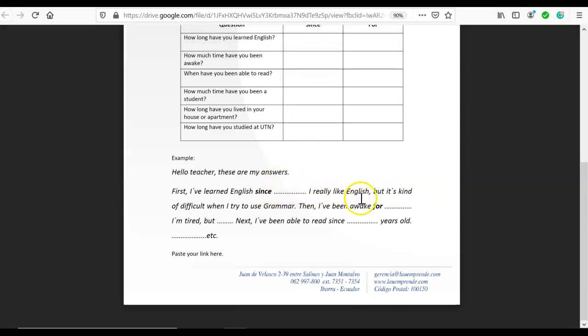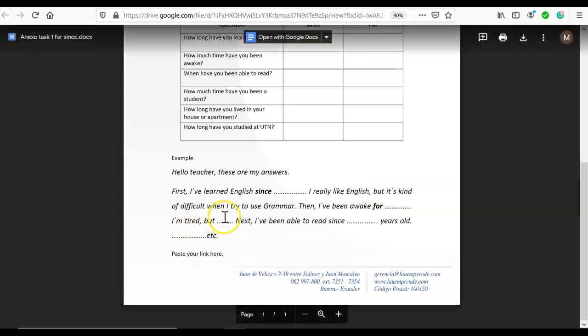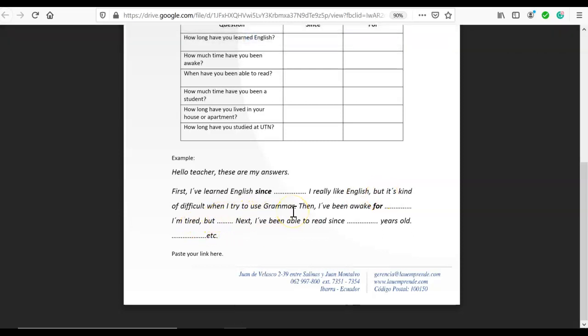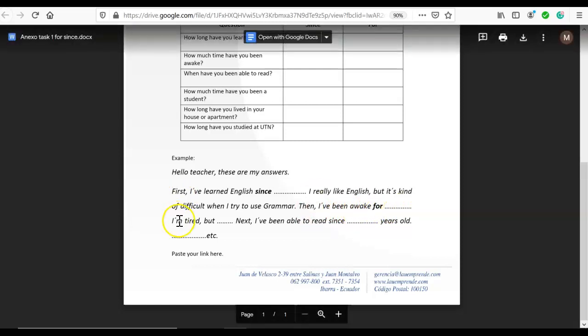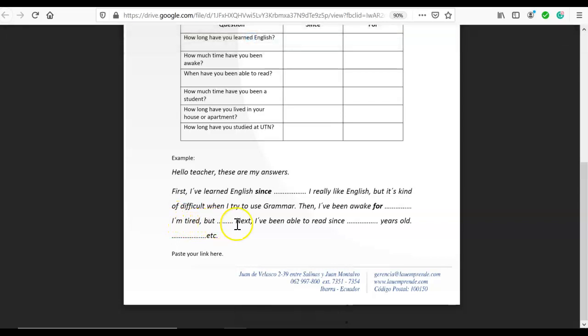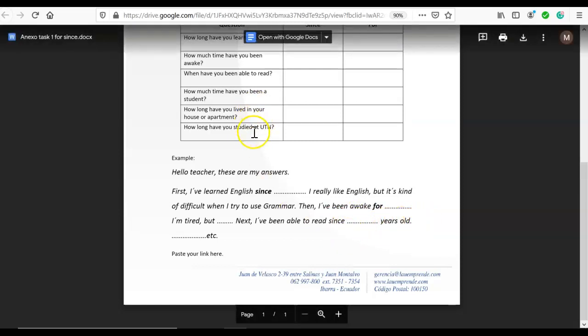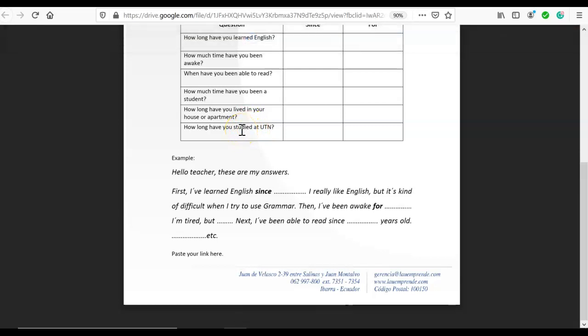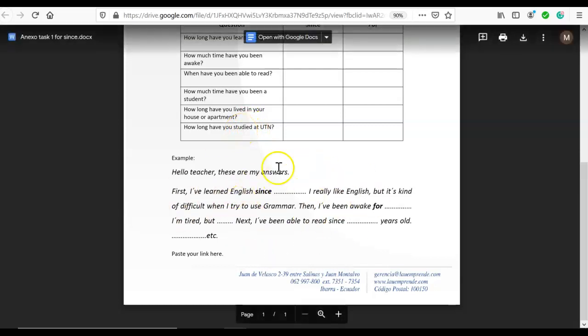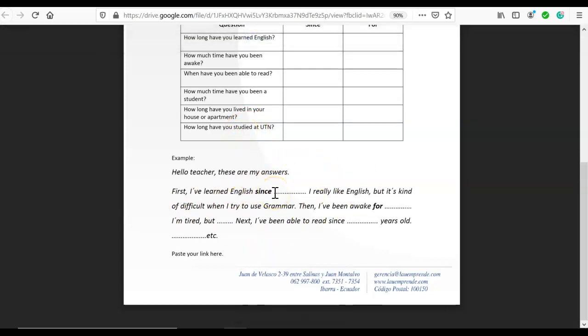I really like English, but it's kind of difficult when I try to use grammar. Then, I've been awake for, you answer, I'm tired but, next, I've been able to read since, and you include your age, and you finish with all the questions. This is only an example, and you create your audio.